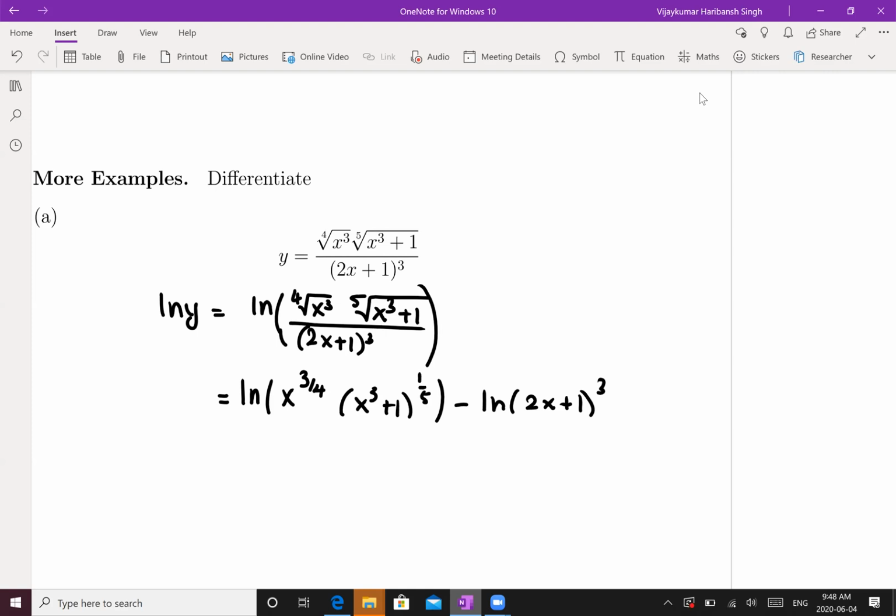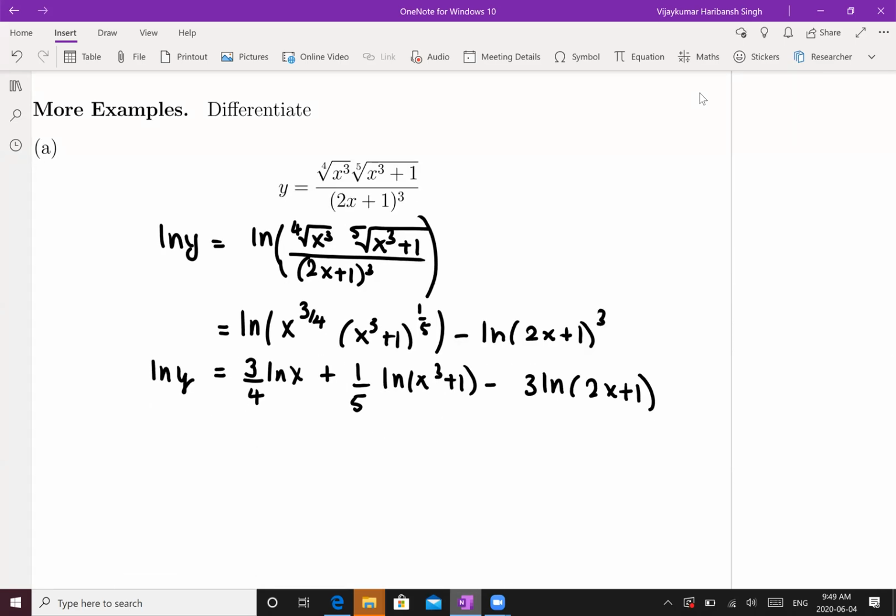Now you can break the multiplications as well and then bring the power down. So I'm going to do both of them simultaneously. So 3 by 4 ln x plus 1 by 5 ln of x cubed plus 1 minus 3 ln of 2x plus 1. So this is a simplification so far, no derivative taking. Now take the derivative on both sides. So what is the derivative of ln y? 1 by y dy by dx.